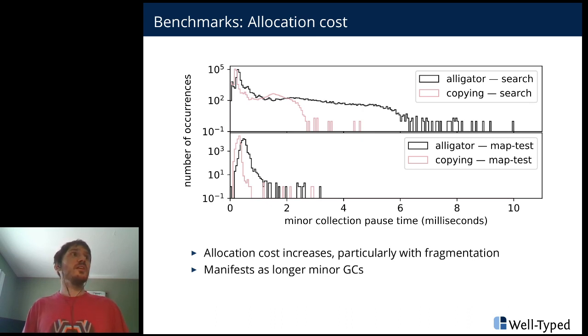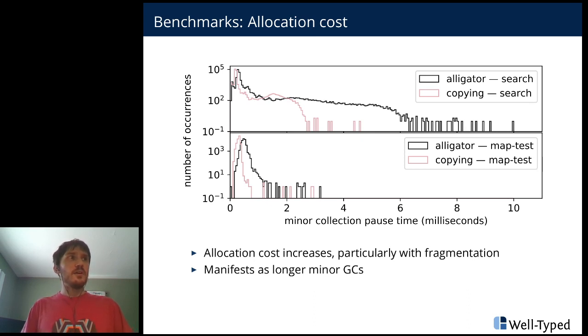So here we see a histogram of minor collection pause times over two different benchmarks, search and map test. Search is more of a server workload, and map test is more of a micro benchmark. And we see here that the minor collection pause time increases by between a factor of 2 and 4, I guess, is kind of a typical range.